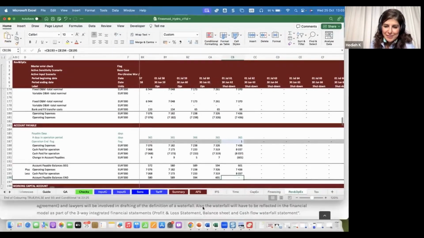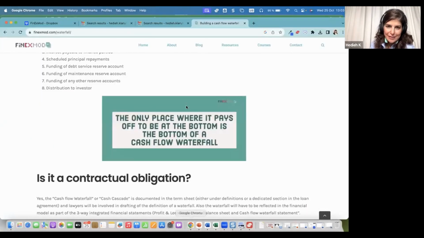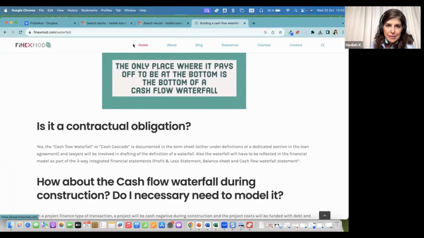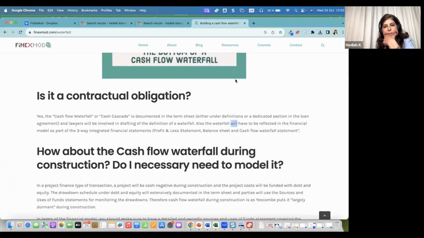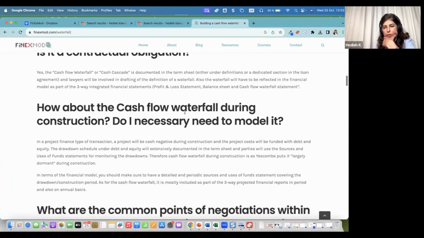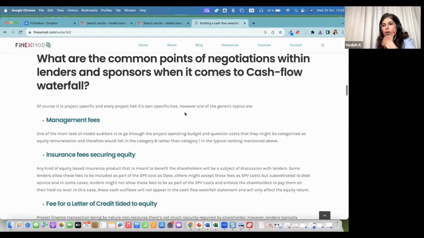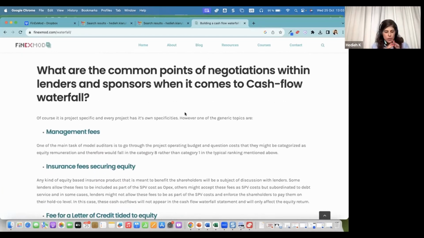So now I want to talk about the common points of negotiation that I have seen when it comes to the cash flow waterfall.